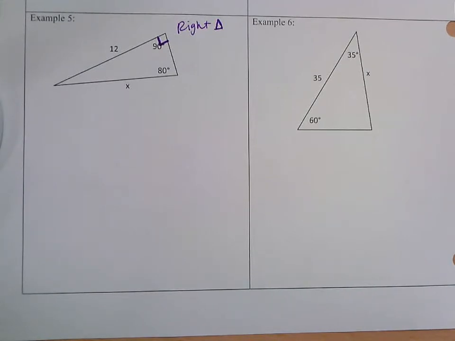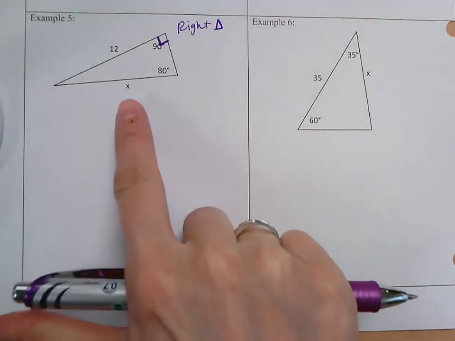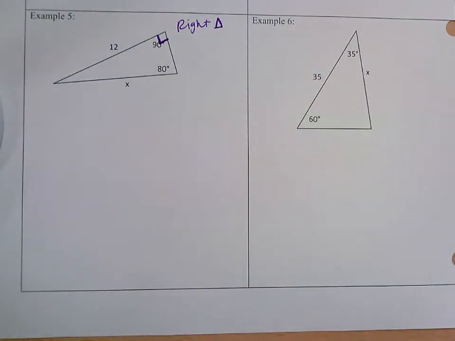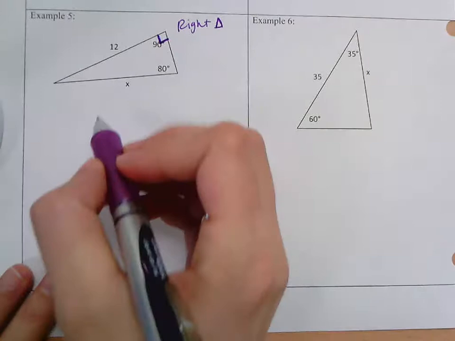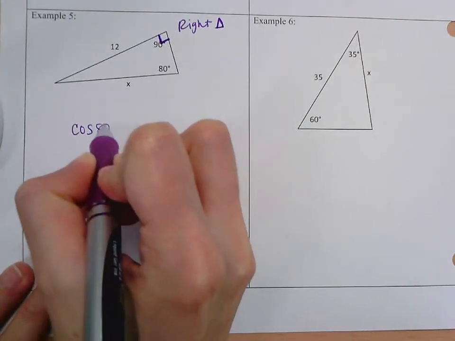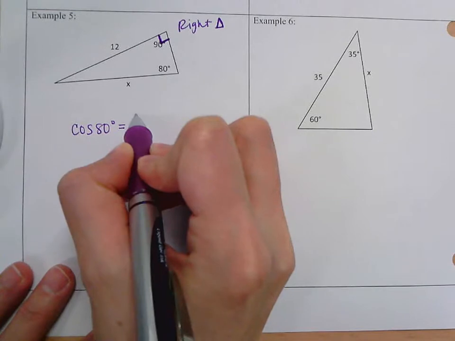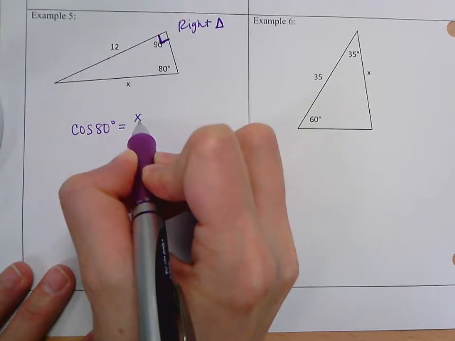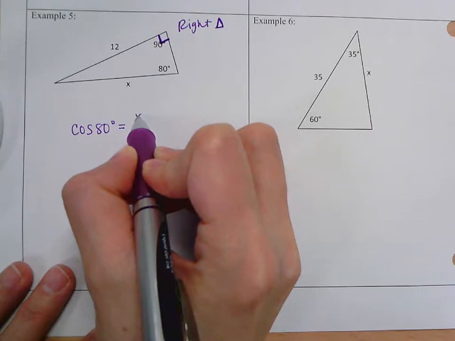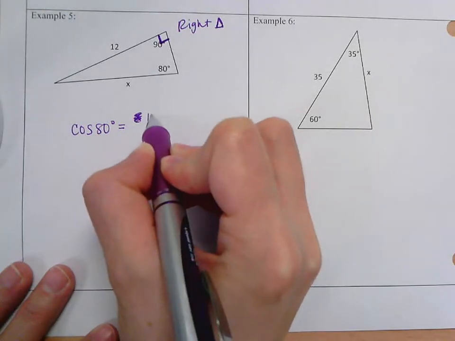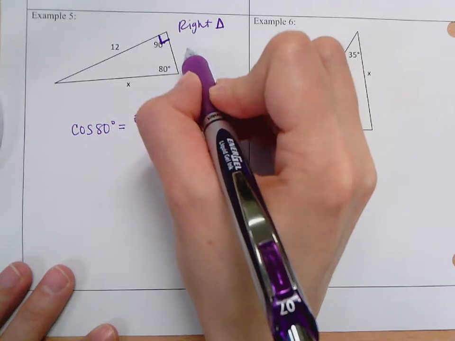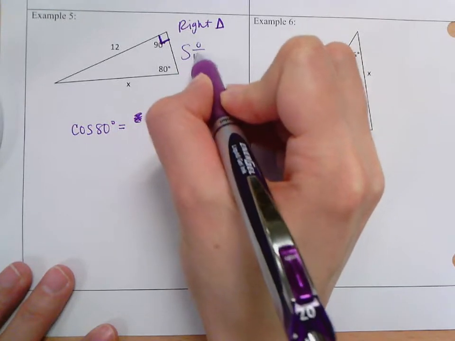But if I have a right triangle, I do not need to use law of sines. So if I want to find x, how can I find that? Quinn? Or equals 12 over x. Okay, so I heard a couple things. I heard right triangle, you can use SOHCAHTOA.